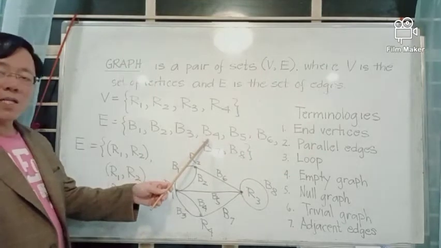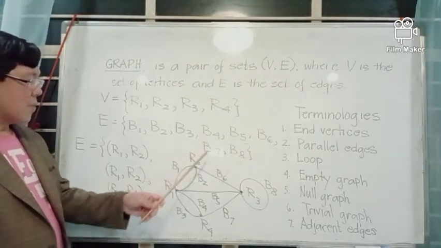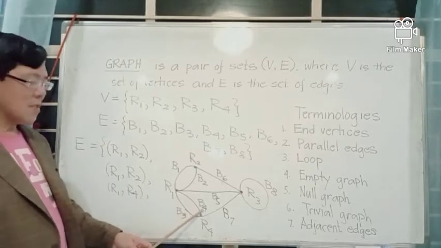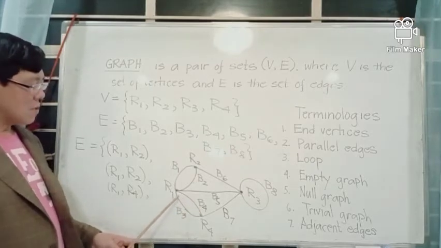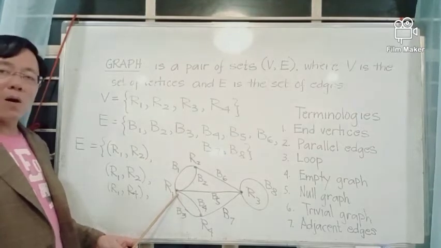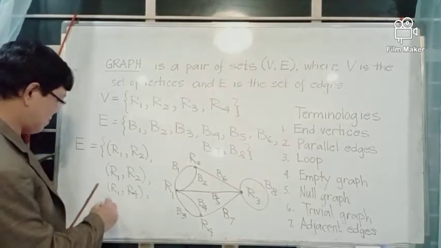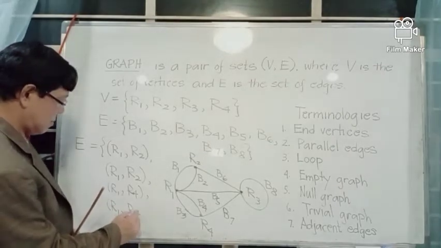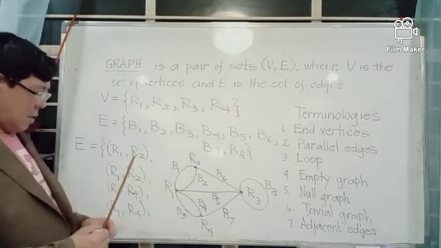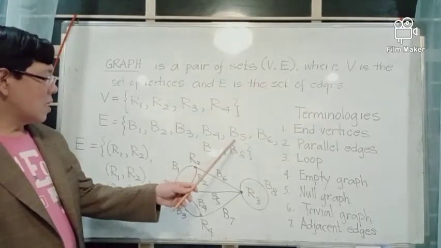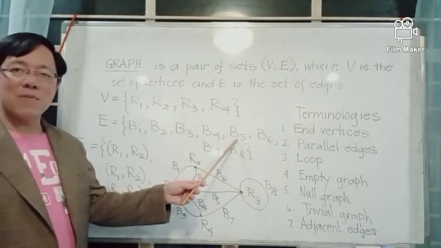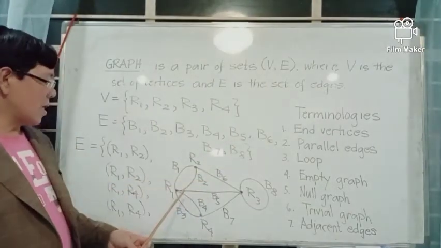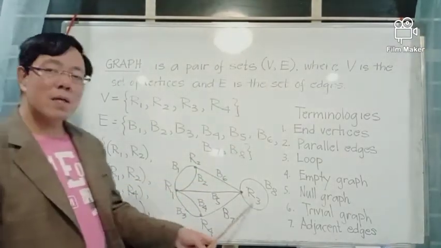And for the edge B4, instead of writing B4, we can write R1, R4, since edge B4 also connects the same vertices R1 and R4. For the fifth edge, instead of writing B5, we write the pair R1, R3.